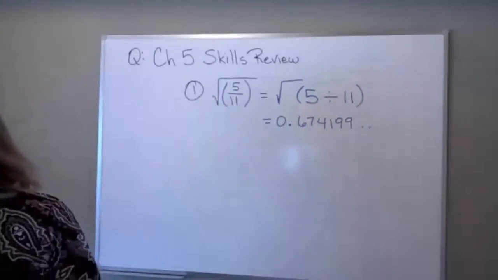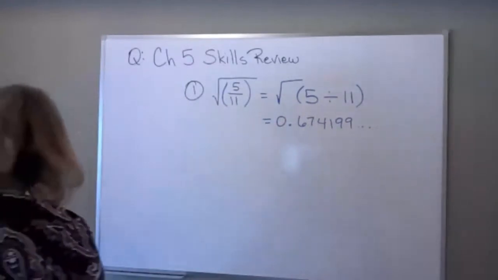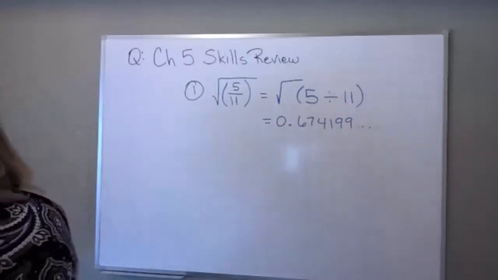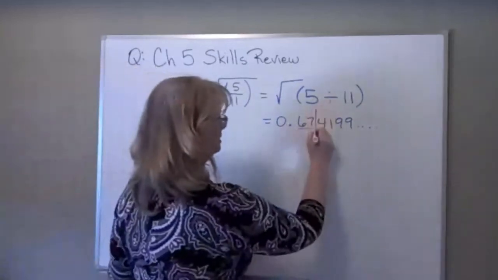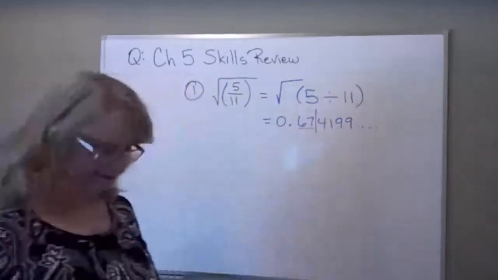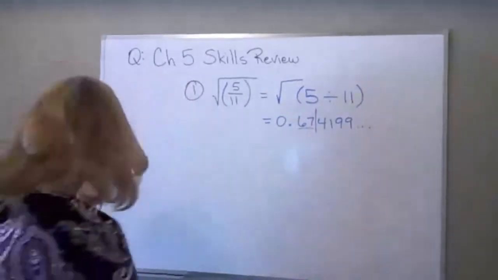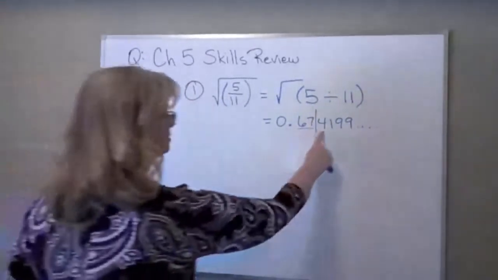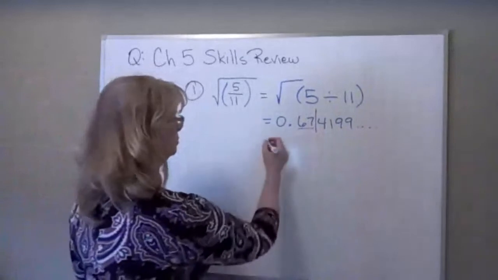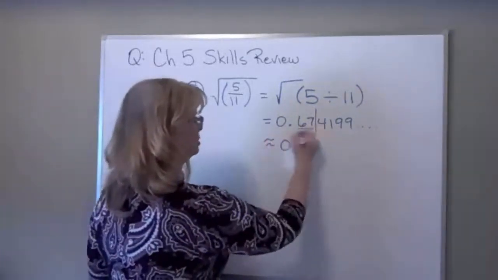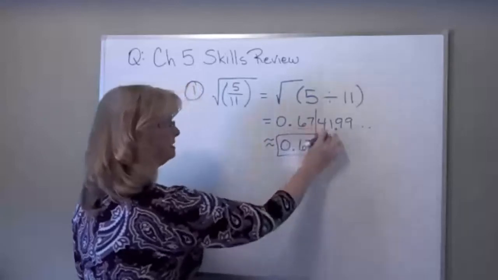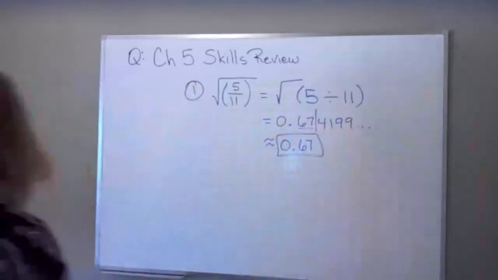Your problem might be slightly different, but it does say to round to 2 places. So it wants us to round here. Since that number is a 4, we're going to write as our final answer 0.67. We're not going to add 1 to the 7 because the next number is only a 4.